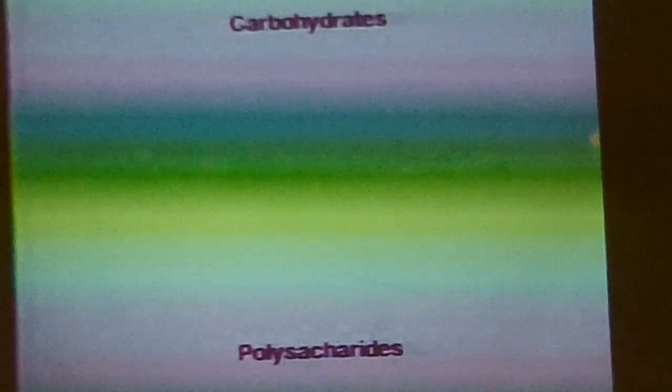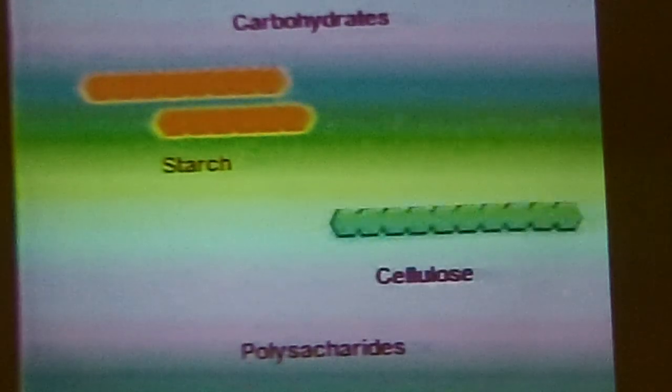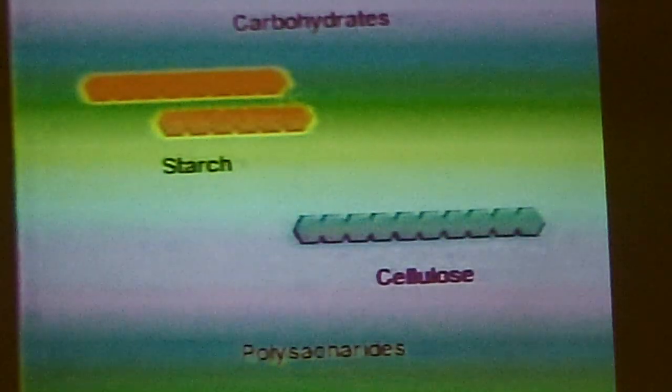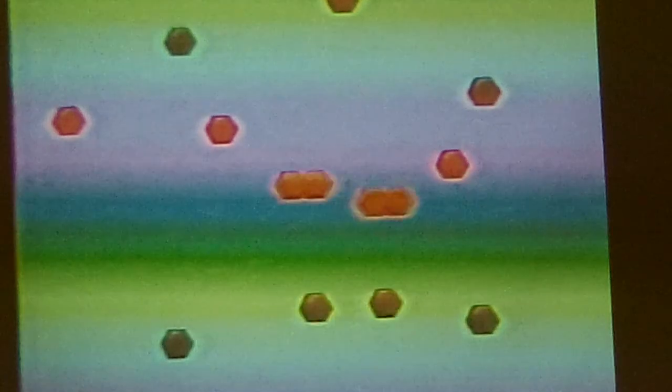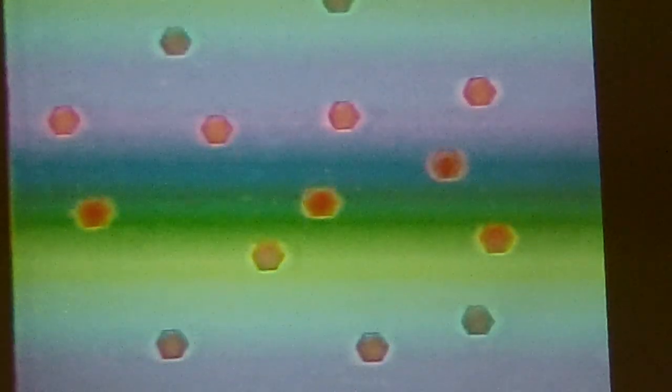And polysaccharides, such as starch and cellulose. Starch and disaccharides are broken down into their component monosaccharides by a series of hydrolysis reactions. This process of breaking down food into the raw materials needed to build and power our bodies is called digestion.